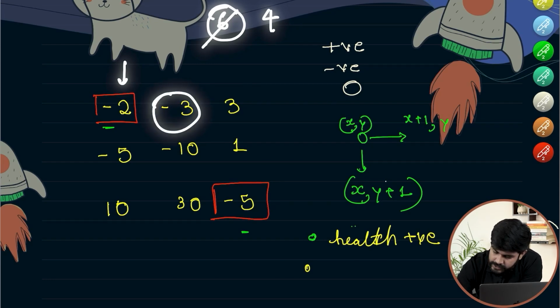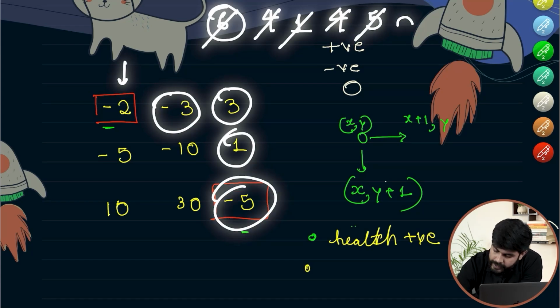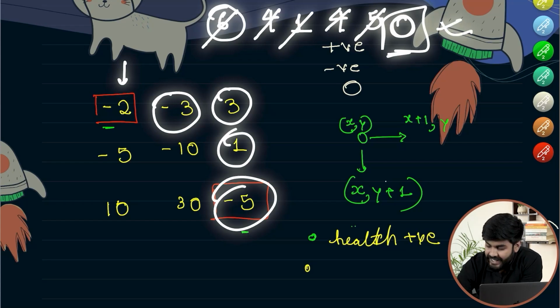I came here, lost some health, that is 3, and it became 1. And I came here, gained some health, and it became 4. I came here, it became 5. Then I came here, so it became 0. So at this point, it is not a valid thing because at once the health became 0.